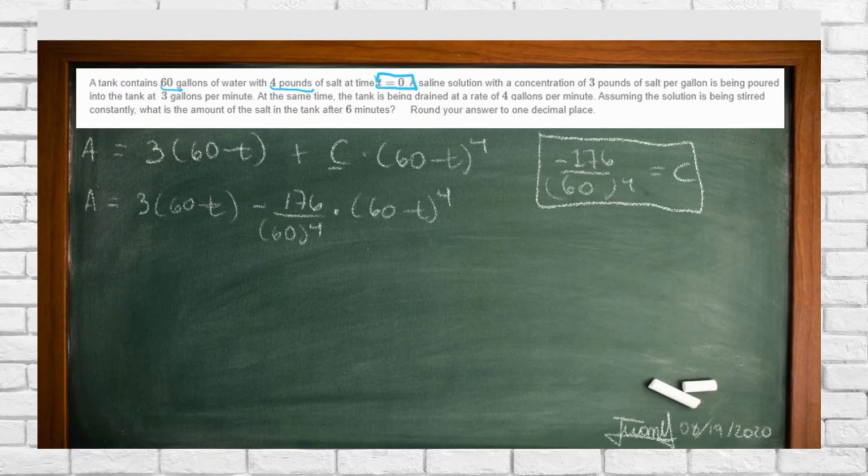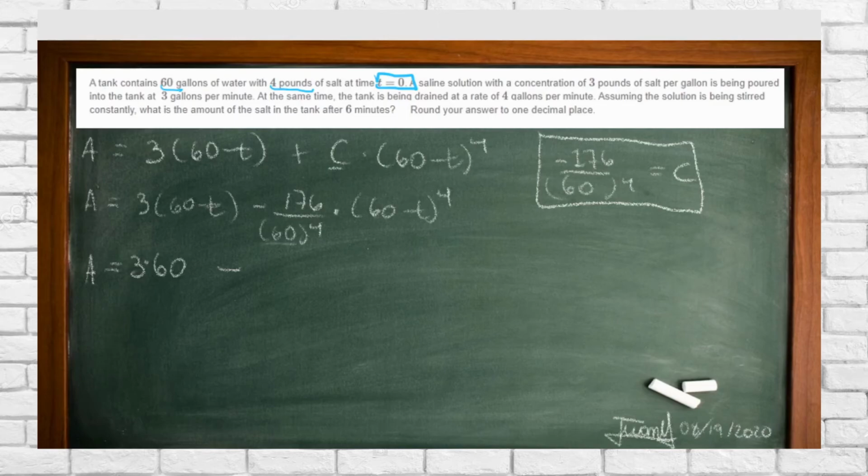So let's see if when we plug 0 into this equation, we will get 4 pounds. When t is equal to 0, it's going to be equal to 3 times 60, so 180, minus 176 over 60 to the fourth times 60 to the fourth.